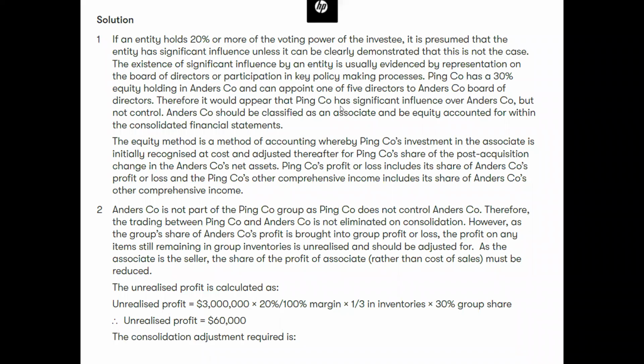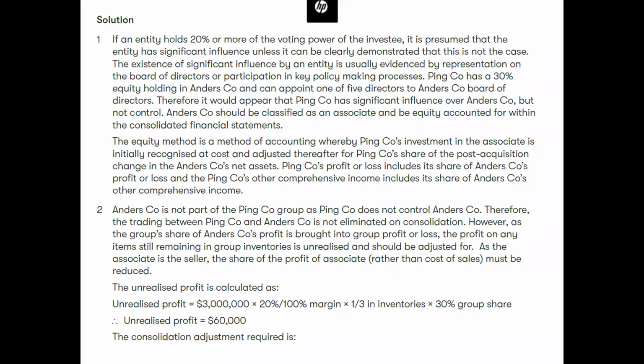But if you give me more detail, that will also be correct. So I will not deduct marks because you gave me the definition of significant influence according to IAS 28. So if you do that, that's perfectly fine. But you will not get a mark for that definition at the end of the day. You will only get a mark for applying what's relevant in the question. Happy? Does that make sense to you guys? Yes, it does. Thank you.